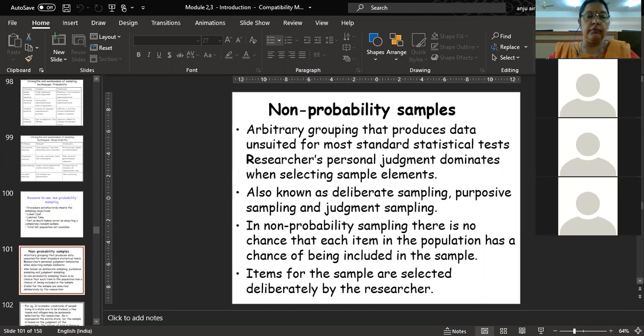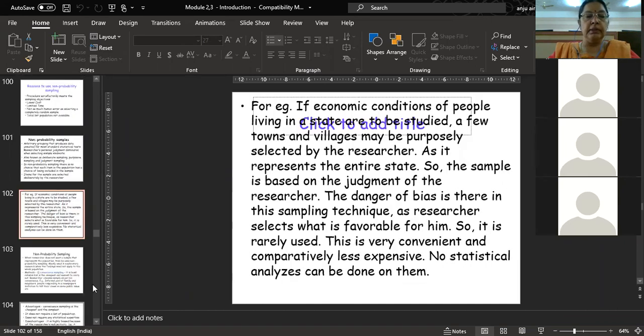The items of the population are selected deliberately by the researcher to form the sample. The researcher will decide which population elements to take as the sample. It is all the researcher's judgment and convenience.